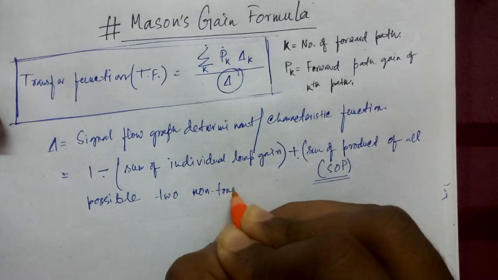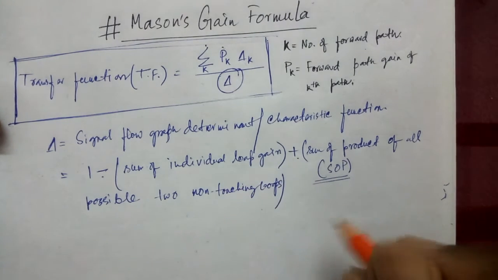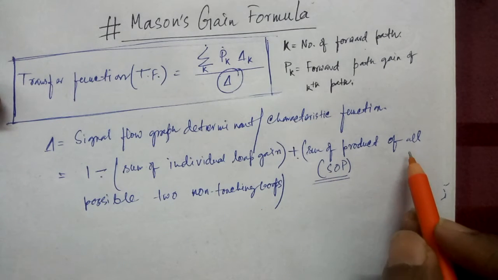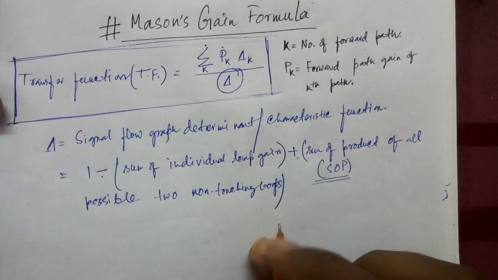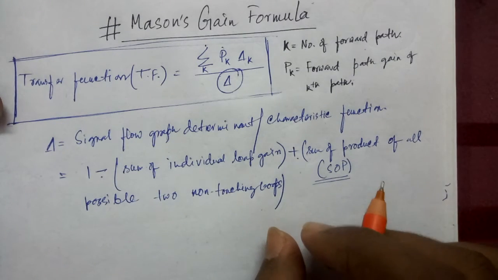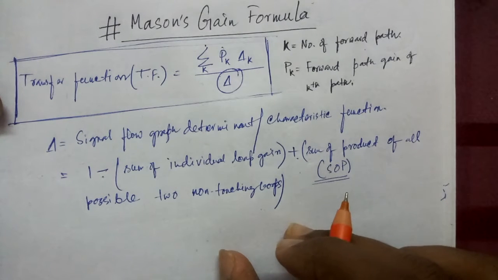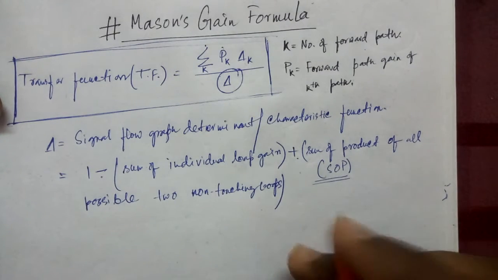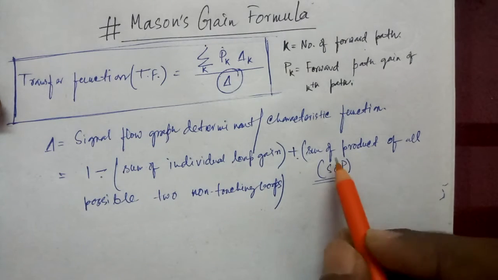Two non-touching loops means no nodes are common, so their gains will be multiplied and then the multiplied results of those pairs will be summed up.